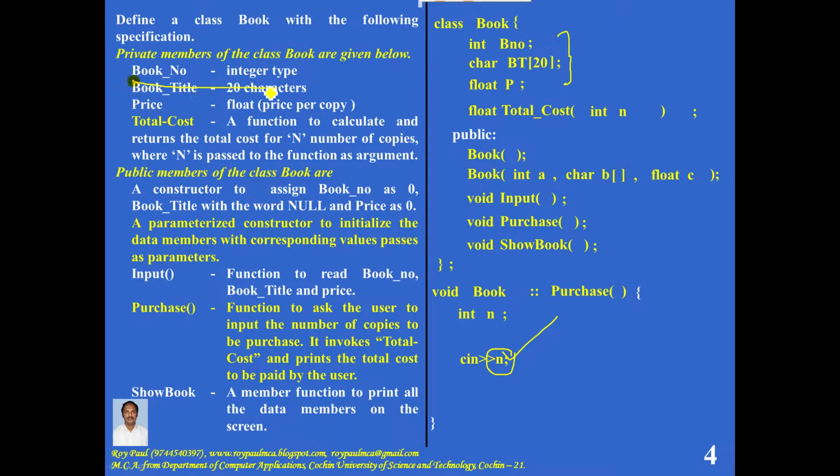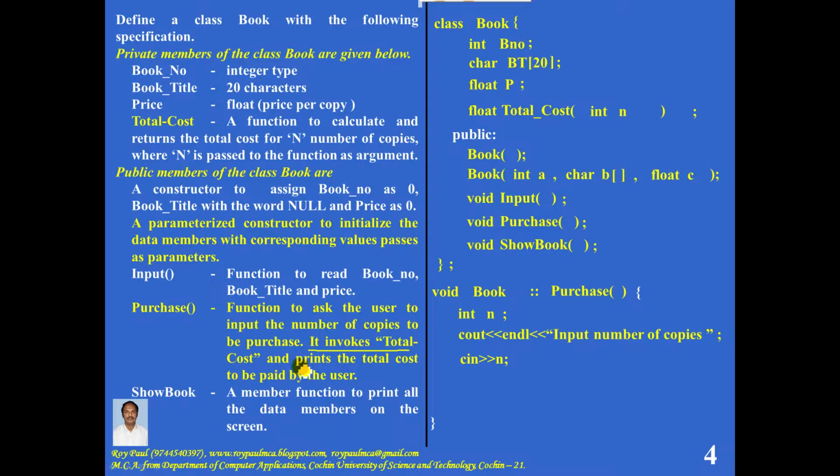Because it is not given as a data member, which means the variable should be declared inside the function. So input the number of copies. cin input operator N, variable must be declared. If you want, you can have a message like this. So first part answered, input the number of copies to be purchased.